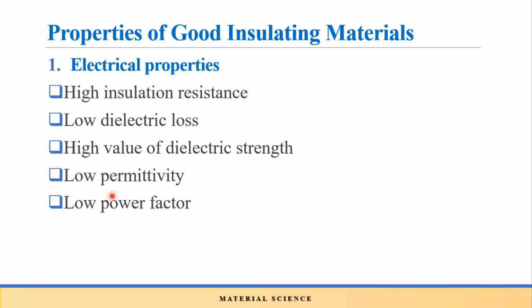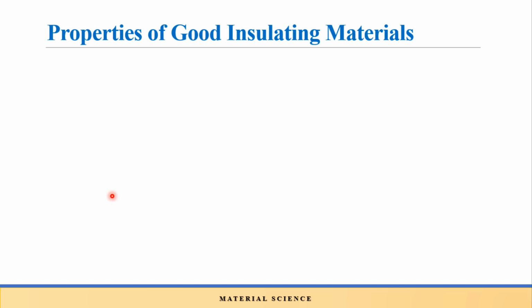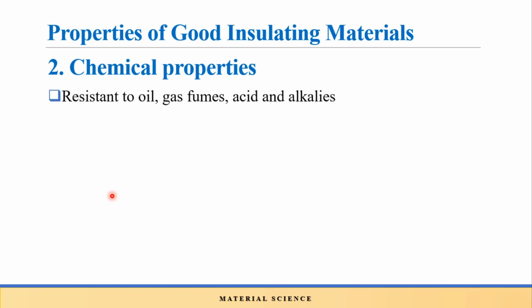Now let's move towards another section of good insulating properties, which is chemical properties. Along with the electrical properties, that material should also have good chemical properties. In chemical properties, that material should be resistant to oil, gas fumes, acids, and alkalis.